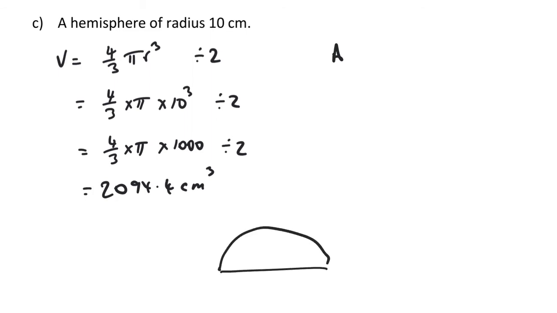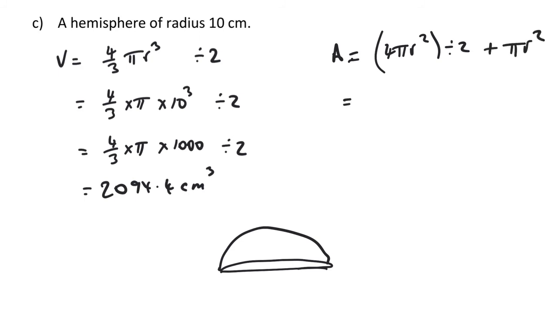The surface area, so for a hemisphere, we've got the base area to consider as well. So we're going to have the curved surface area, which is going to be 4 pi r squared divided by 2. And then we're going to add on the base, which is pi r squared. So that's 4 times pi times 10 squared divided by 2 plus pi times 10 squared.